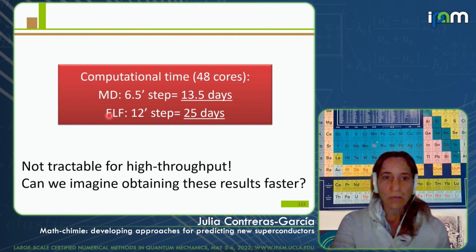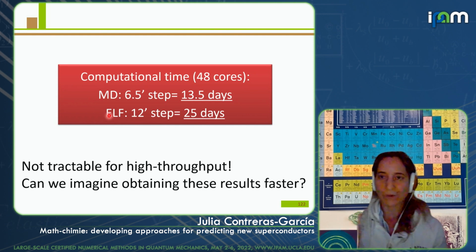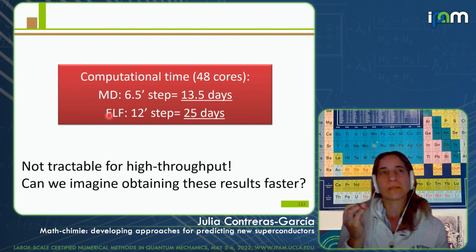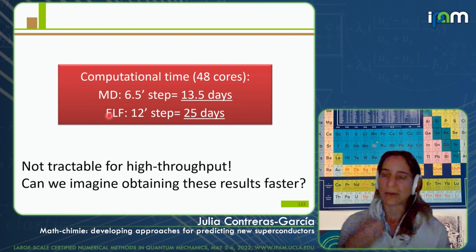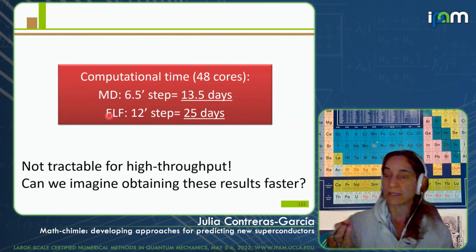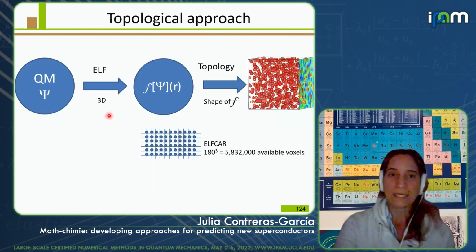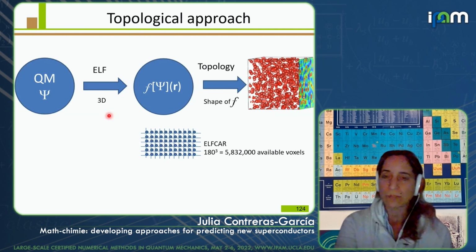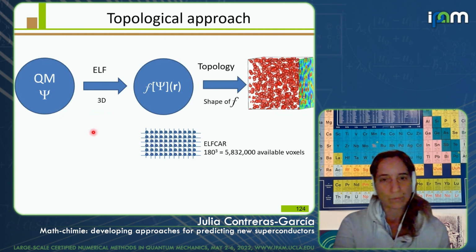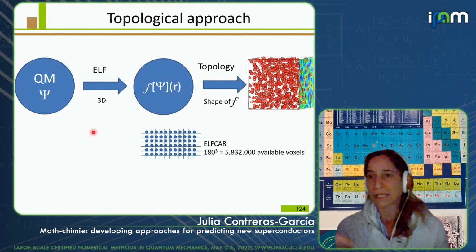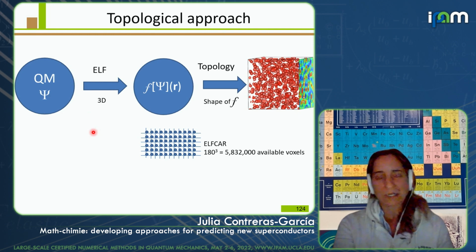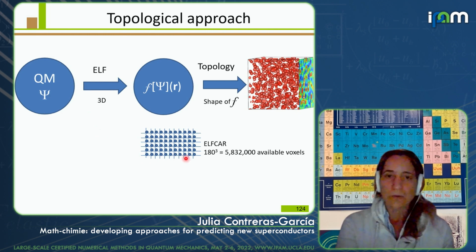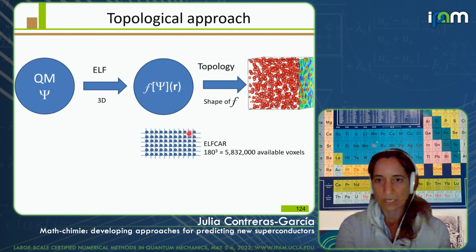Nevertheless, one could think, if the electron localization function could be calculated without having the wave function, we would be done. So then we started collaborating, in a project, hopefully one that will merge with this one, with some colleagues from Catalonia, where they wanted to use this data to predict the electron localization function.